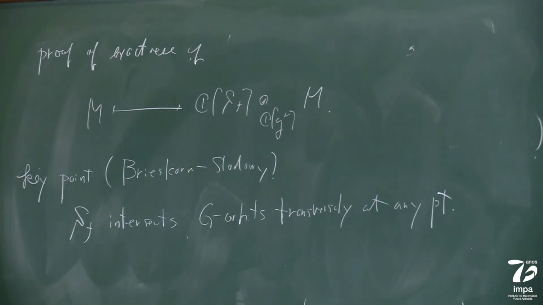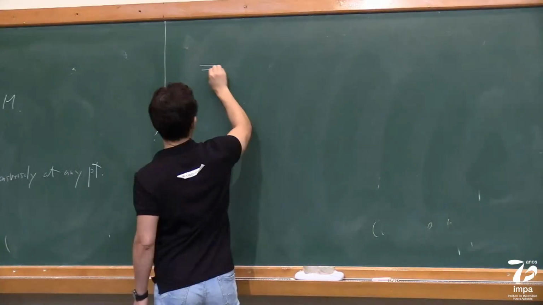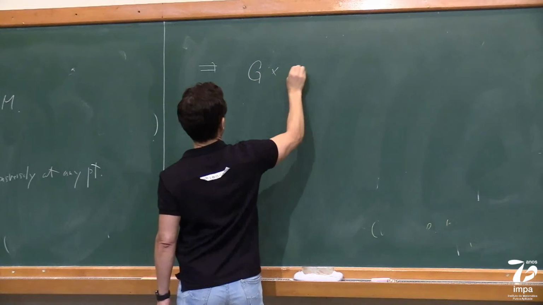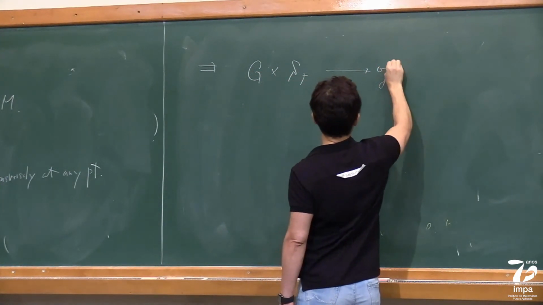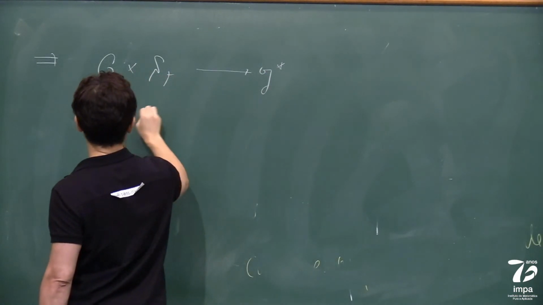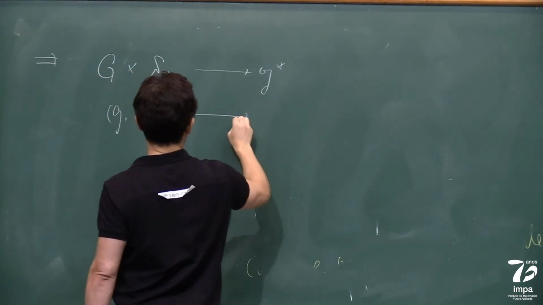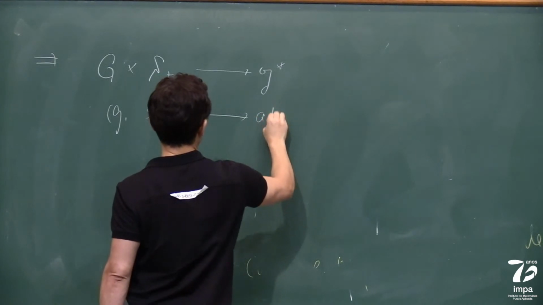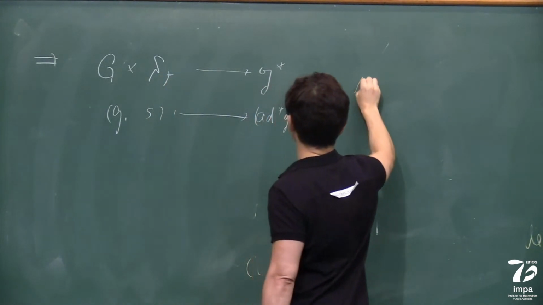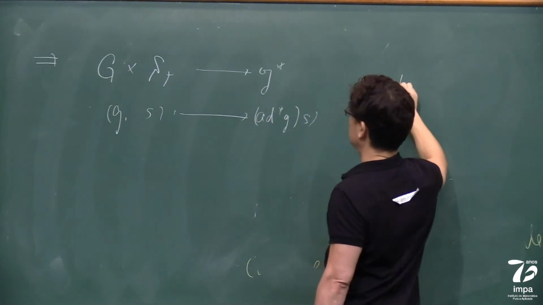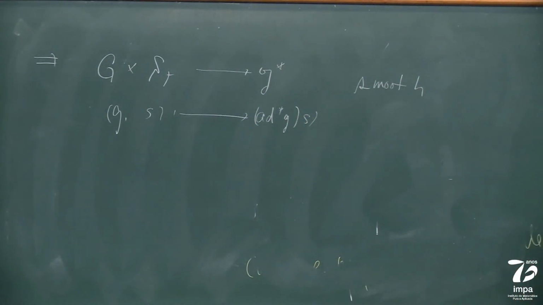So why is this useful? This means that the action map from G times SF to G star, which sends (g, s) to the action of ad star g of s, is smooth because it induces a surjective map between tangent spaces.